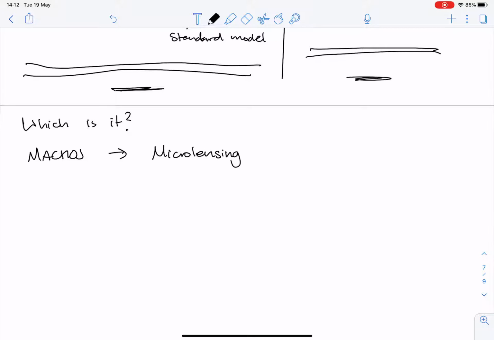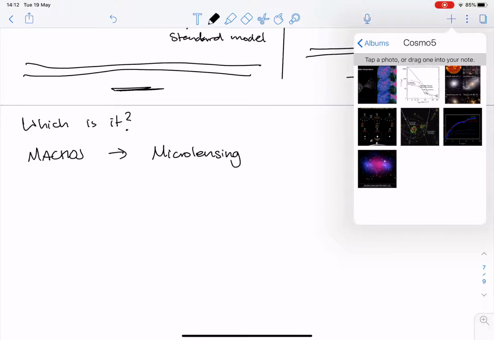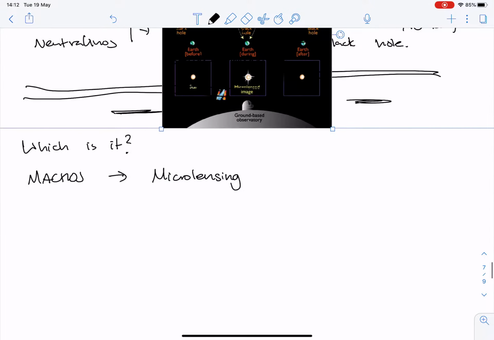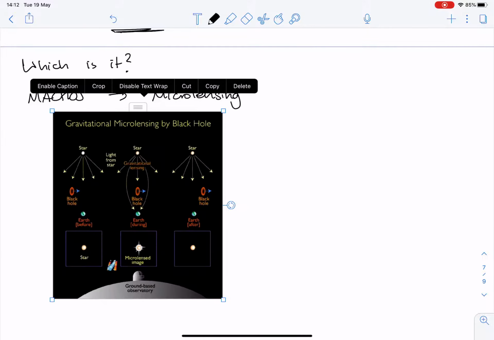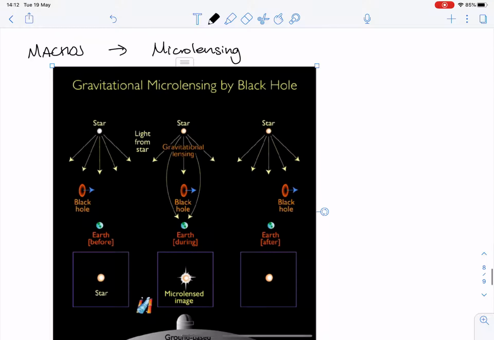And the idea with microlensing is the following. I'll just insert my picture here. So if you have a universe which is filled with, say, black holes as your dark matter, then they're all over the place, they're flying around, they're not very easy to see.